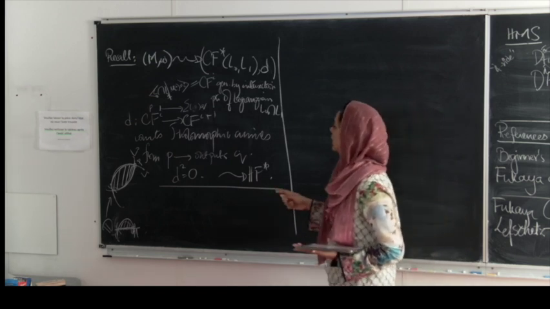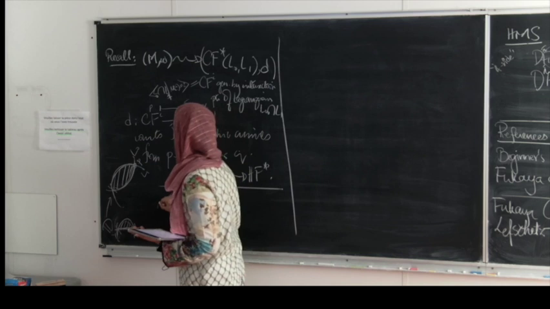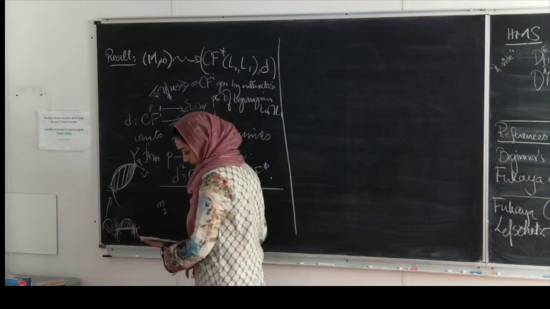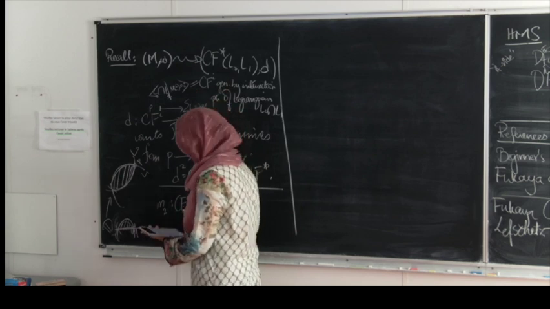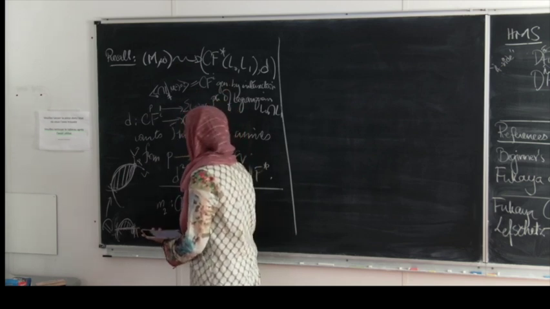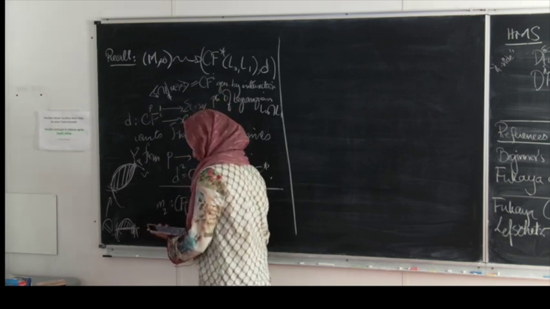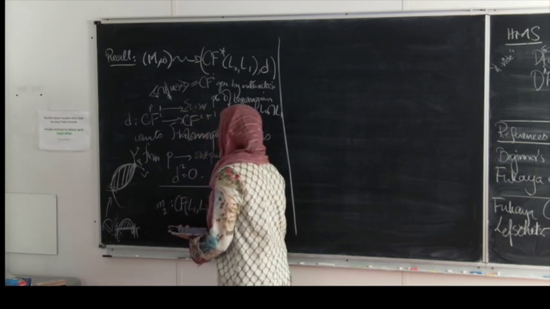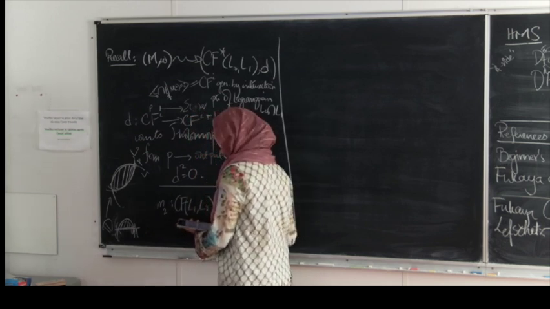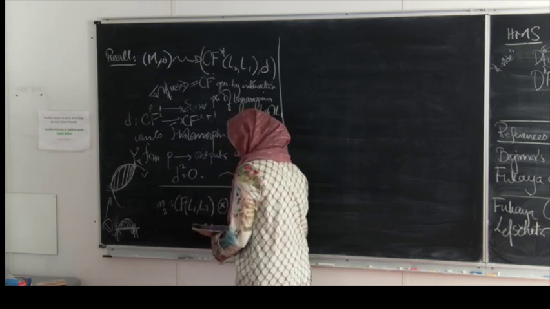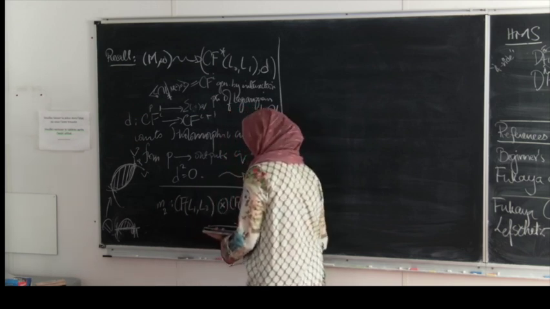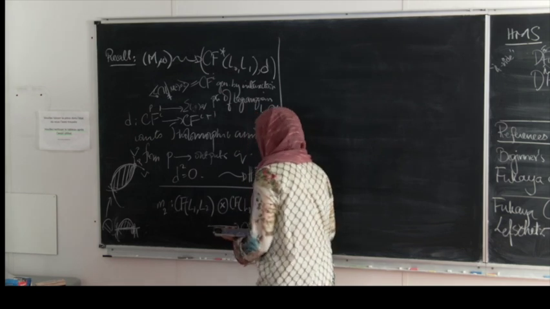as usual, we can define a product or a composition. Let's call it M2, at the chain level. So it goes from CF(L1, L2) cross CF(L0, L1) to CF(L0, L2).